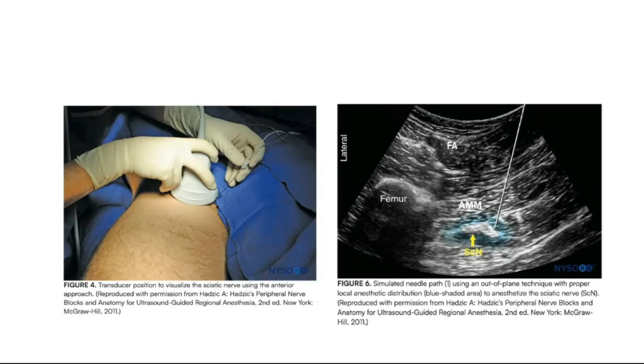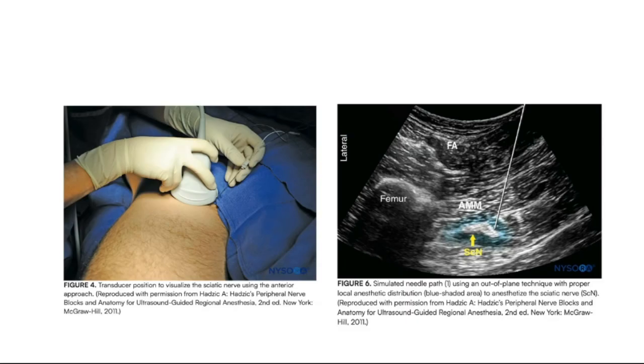If you look there, you can see the SFA. So you must make sure that you do not accidentally puncture the SFA during your travel down towards the sciatic nerve. One idea is that you can do something like a saphenous nerve block, identify that plane, and then increase your depth so that you can see beyond the adductor longus, because superficial to the adductor magnus would be the adductor longus.